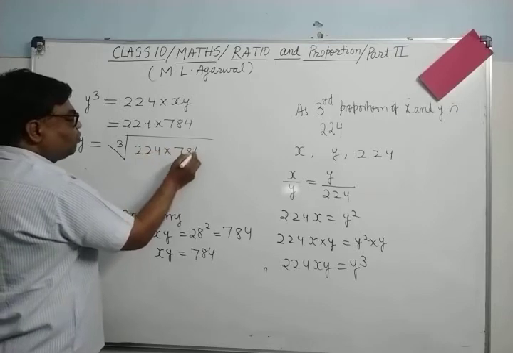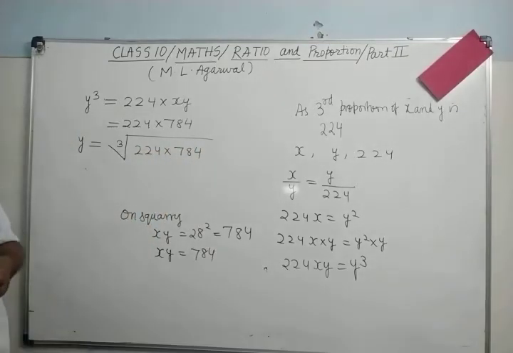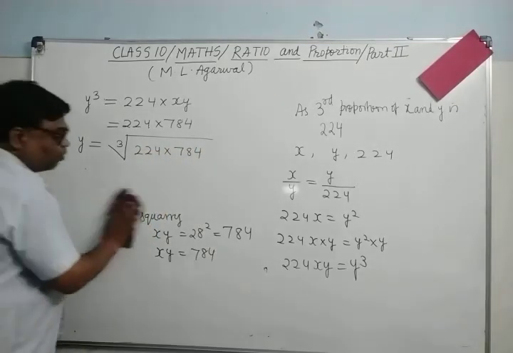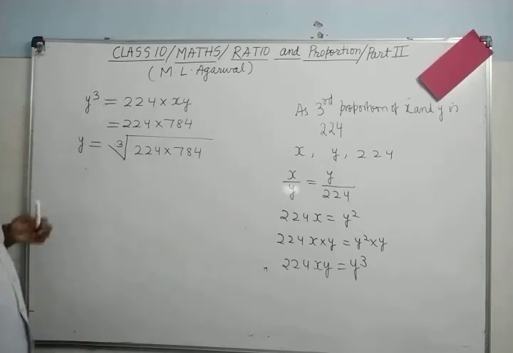Now first you prime factorize 224 and 784. It's clear.